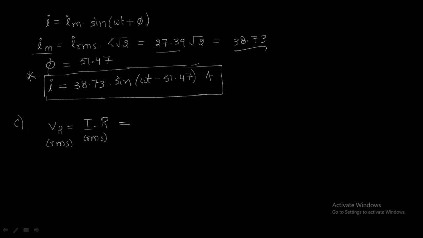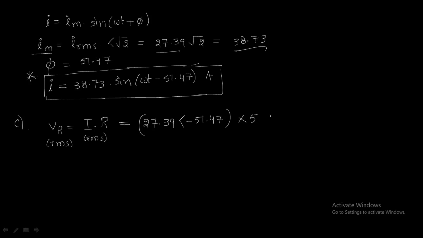So what about the IRMS current value? IRMS is already given: 27.39 at an angle of minus 51.47. This is the angle. Into what is the magnitude?